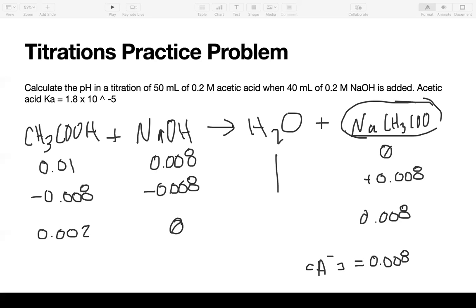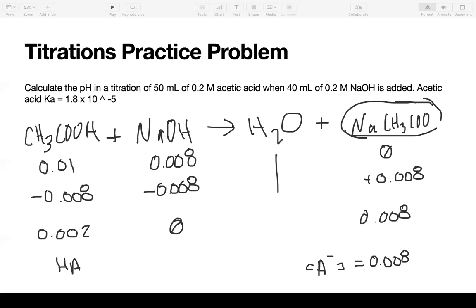So you'll notice we have A minus, and we also have HA. So whenever we have A minus and HA, the first thing you guys should think about is the Henderson-Hasselbalch equation. So we're going to implement that.